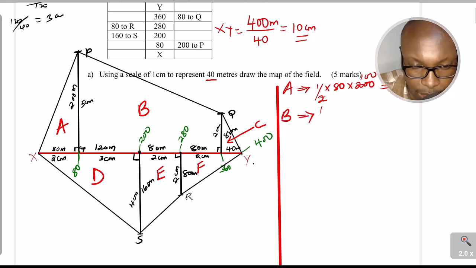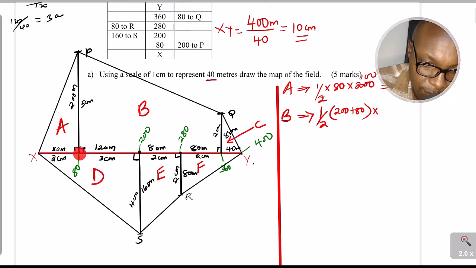We go to shape B. Shape B is a trapezium. The area of a trapezium is half multiplied by the sum of the two parallel sides. The two parallel sides are 200 and 80. So this will be half times 200 plus 80 times the height. The height is this distance from this point all the way to this point.